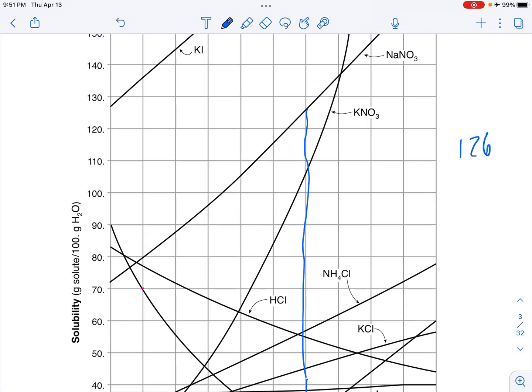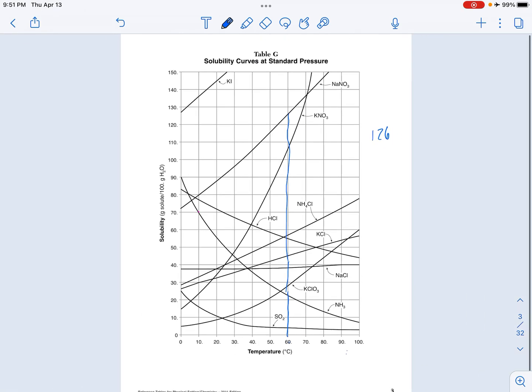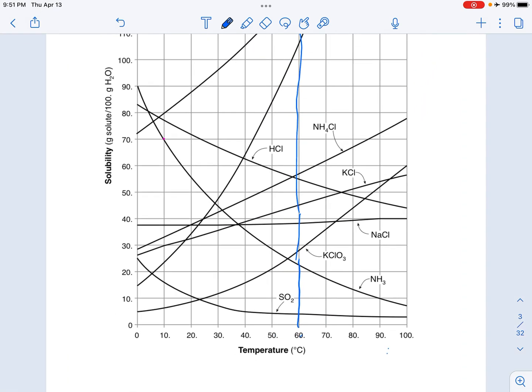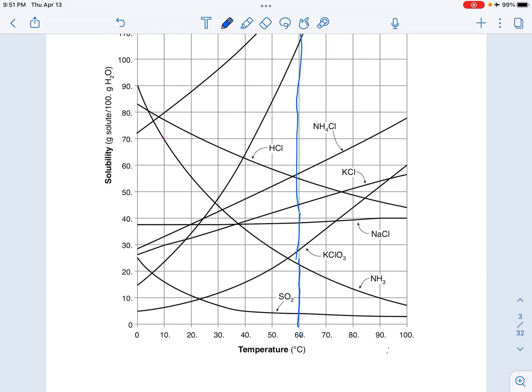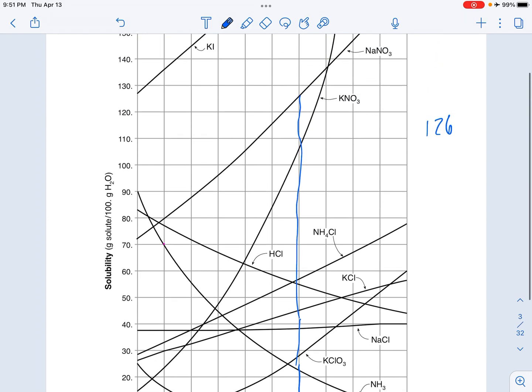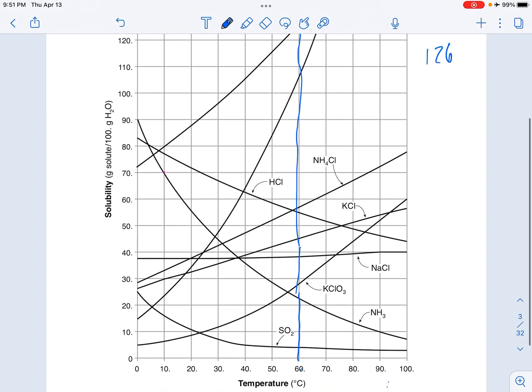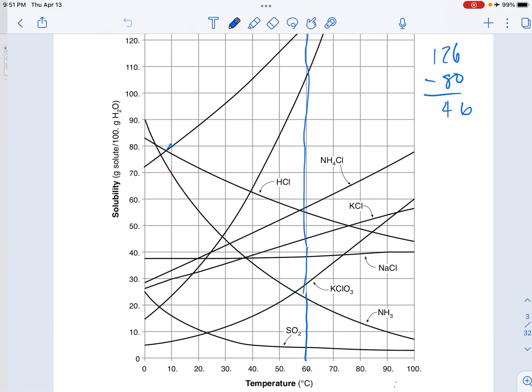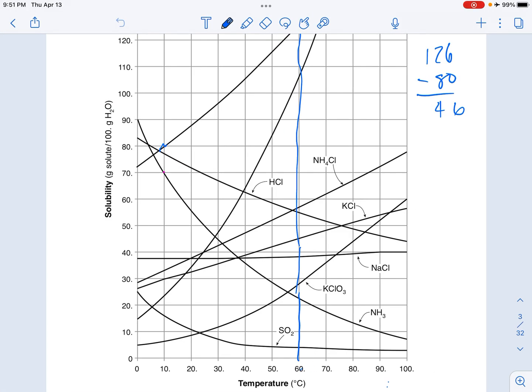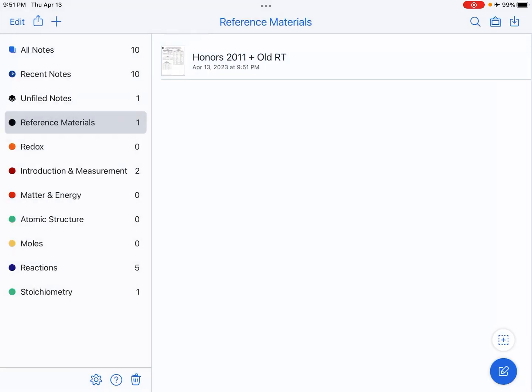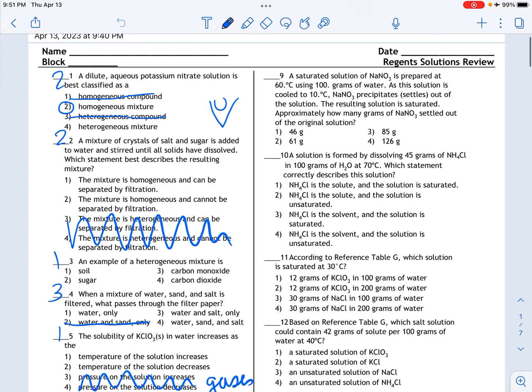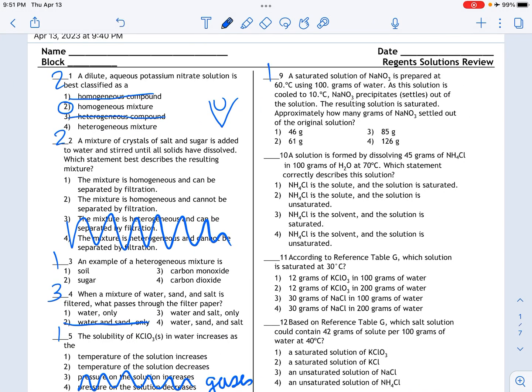But then it is cooled down to 10. And it looks like 80. So 46 grams. And notice how I subtracted those, because it could hold 126 and then it cooled down and it can only hold 80. So the resulting number left over is how much precipitates out.